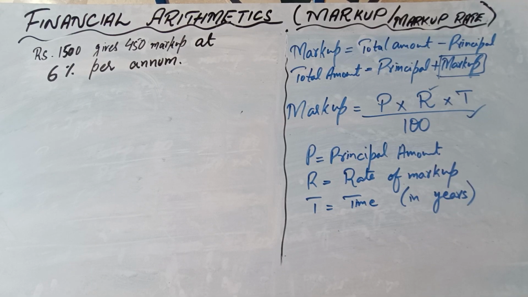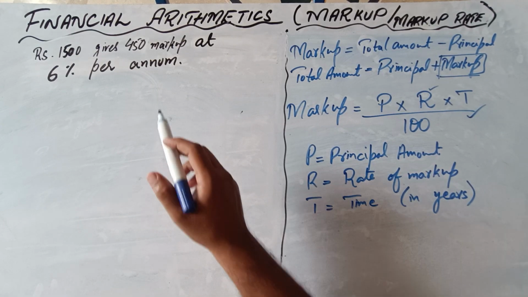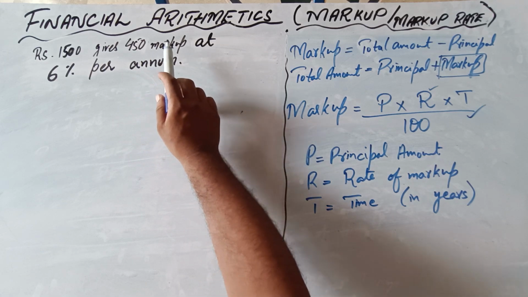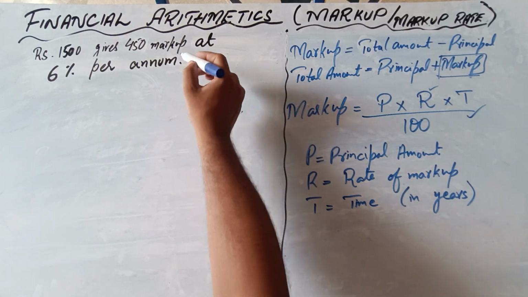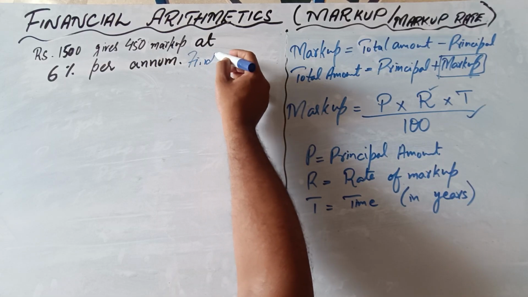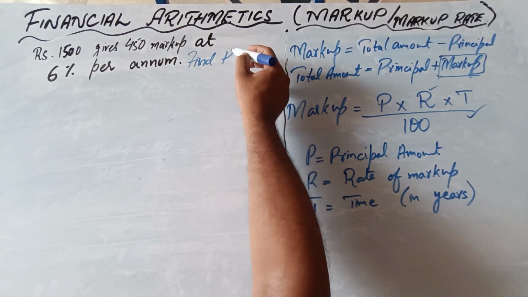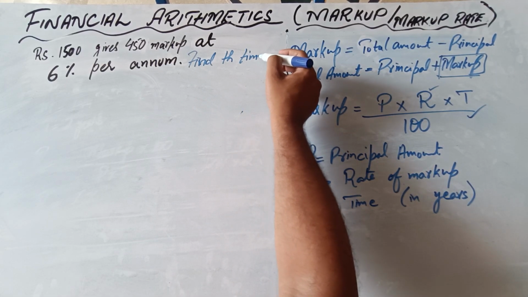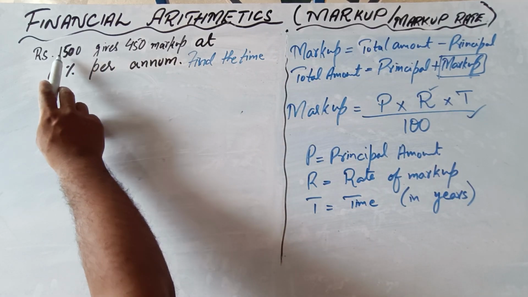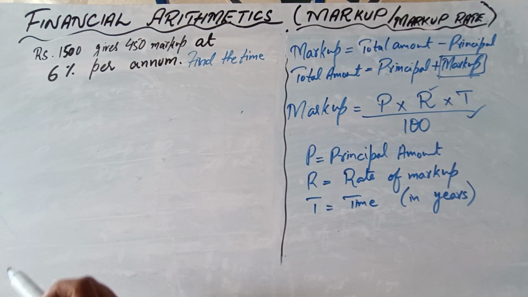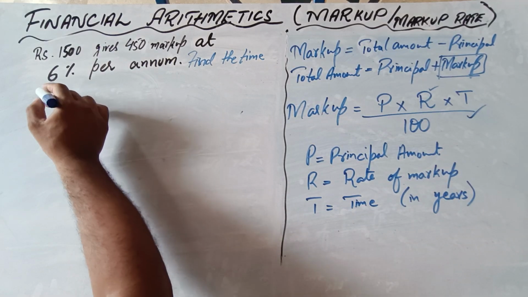Now let's look at another question. The question is saying rupees 1500 gives 450 rupees markup at 6% per annum. So we need to find the time. Find the time in which they are giving 450 rupees markup on investing rupees 1500 at 6% rate.